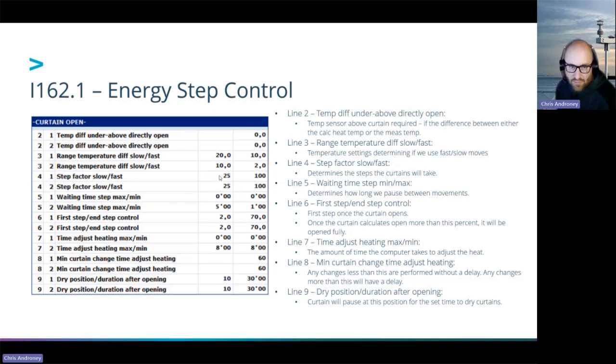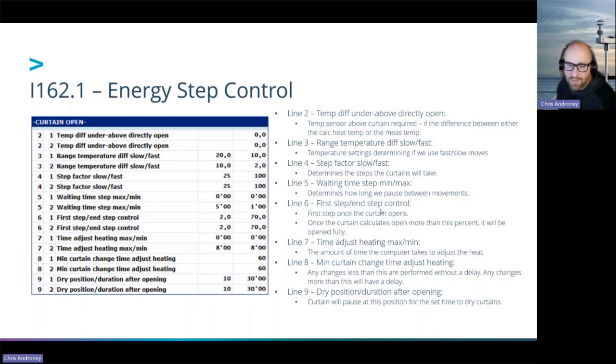If we're using the slow range, the steps are going to be increased by 25% every time we make a move. Whereas if we're using the fast, we're going to double it essentially by using 100% as a multiplication factor. Line number 5, waiting time, step min and max. So that's the steps. How long are we going to wait in between curtain movements?